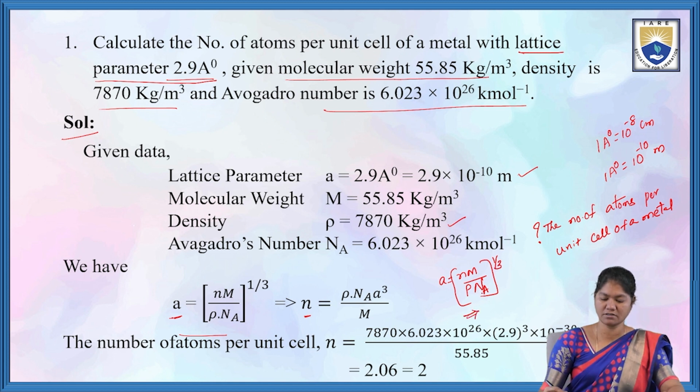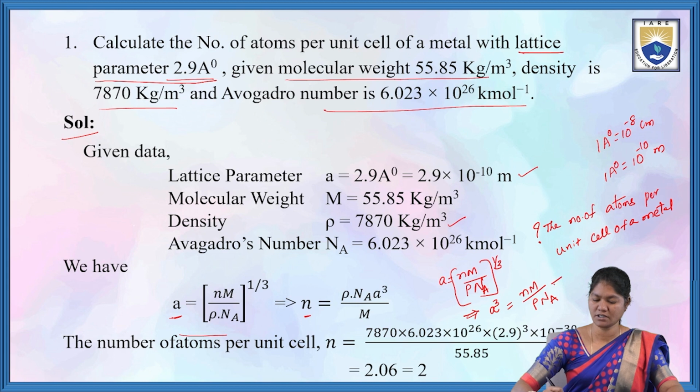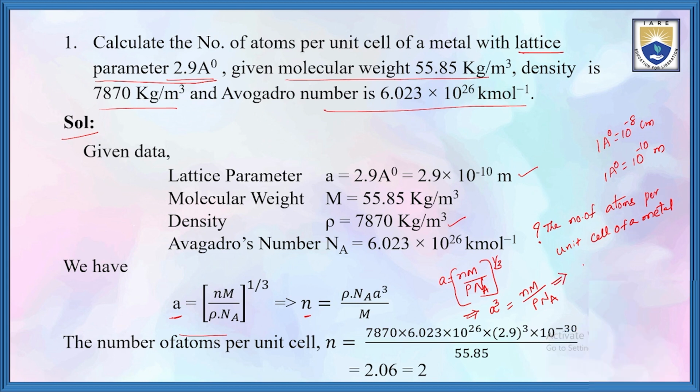This implies A cube is equal to Nm by rho Na, that implies A cube rho Na is equal to Nm.